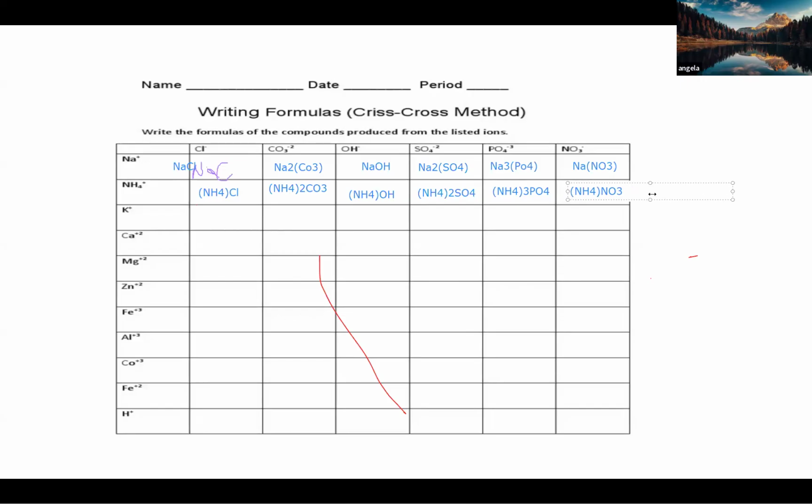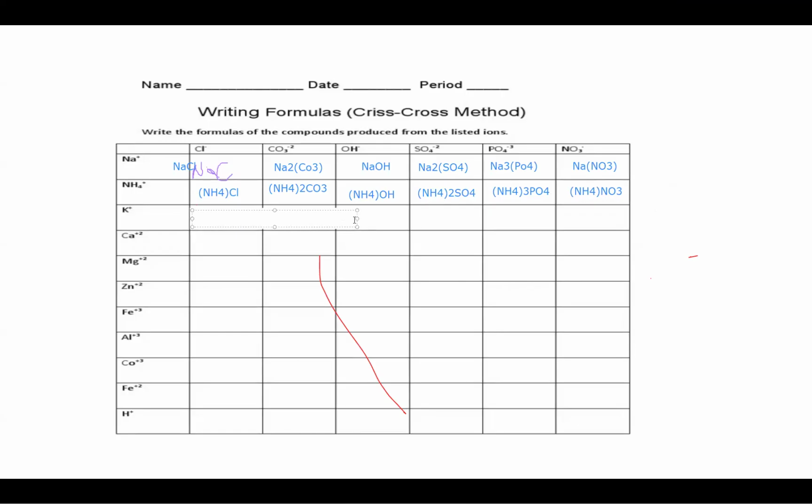If y'all haven't done it. Okay, Isaiah, do you want to try? Try potassium. Yes, this one right here. Okay, so if you swap, would it be K negative? No, K positive, Cl negative. Yeah, so they cancel out, so we don't have to write them. We can just do KCl. Okay.